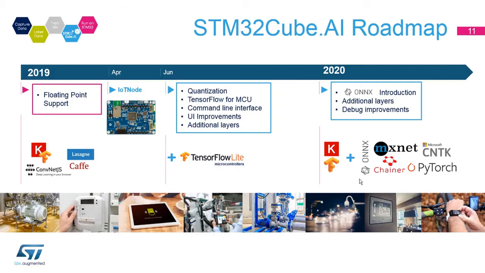It will come on the STM32, but also on the STM32 MP1, MPX roadmap, to support a complete variety of AI applications, from the sensor up to more advanced image recognition applications and so on. So ST wants to be present in this market, and we have a complete roadmap in terms of tools and also in terms of hardware.